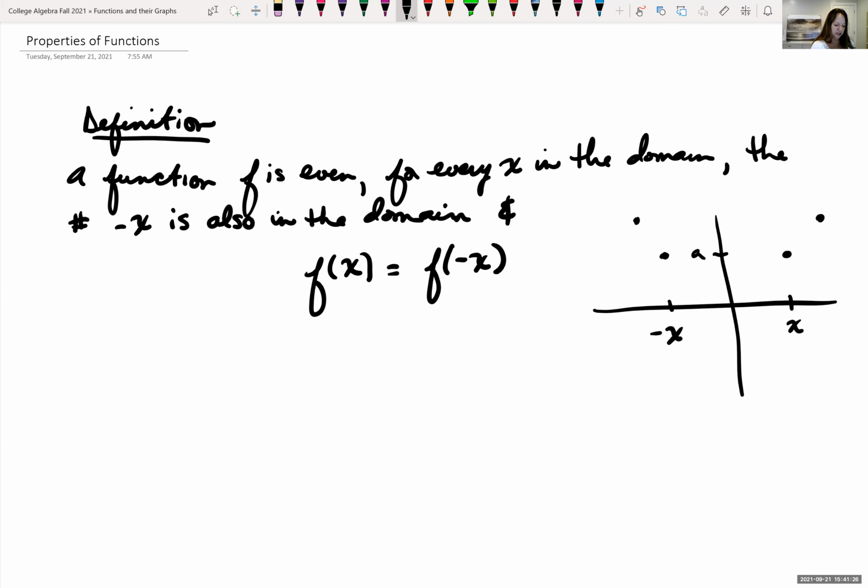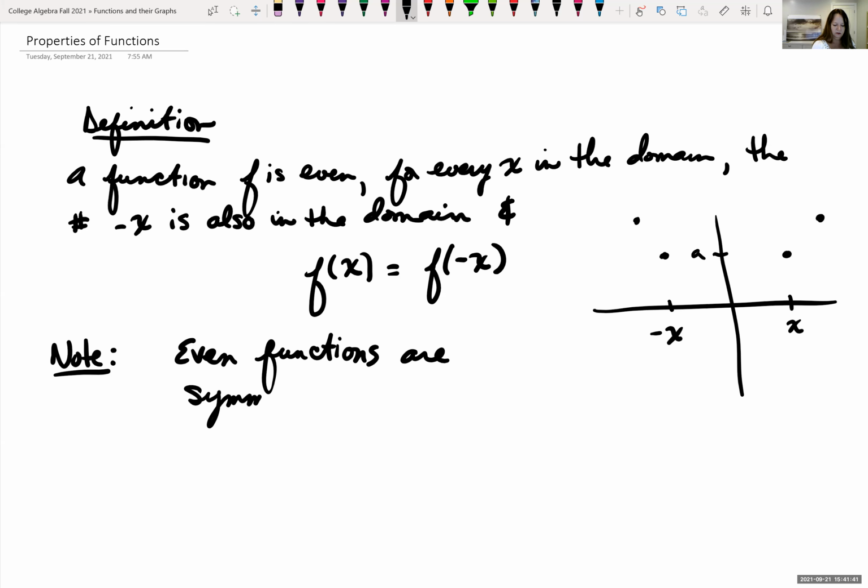So even functions are symmetrical across the y-axis.